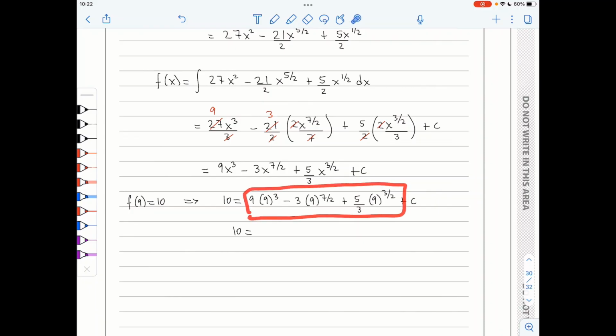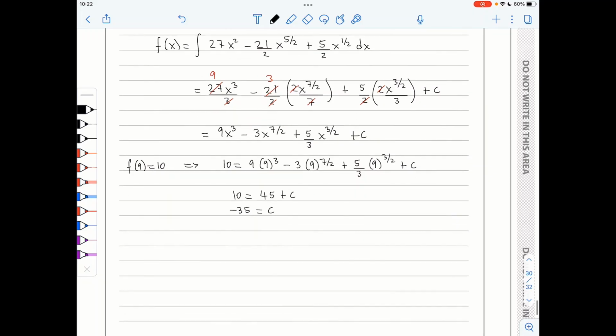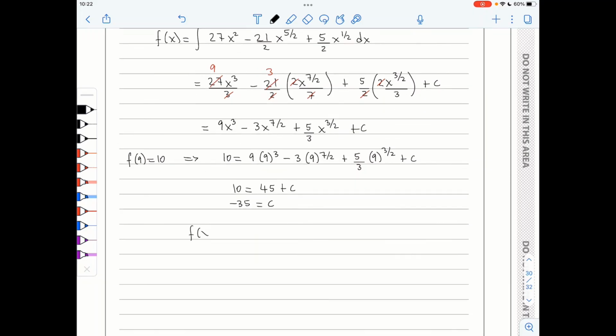It gives me an answer of 45. So 10 is 45 plus c, which means that c is minus 35. And the only thing left to do is write f of x explicitly. It's 9x cubed minus 3x to the 7 over 2 plus 5 over 3 x to the 3 over 2 minus 35.